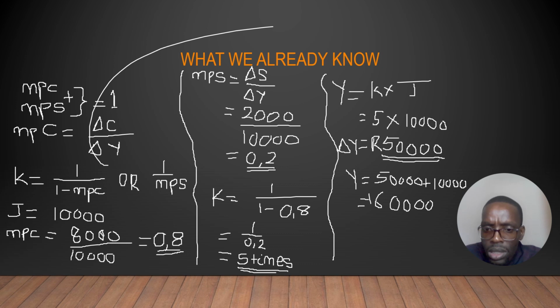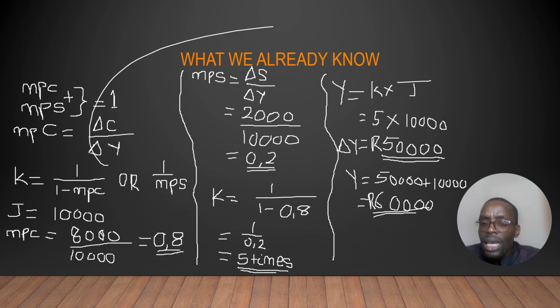Right, so this becomes the size of our national income. So what are we saying now? We are saying this is the change in national income. Our national income has increased by 50,000, having injected an amount of 10,000, and if the MPC was 0.8, then our multiplier is going to be 5 times, which means that 10,000 is going to increase 5 times more.